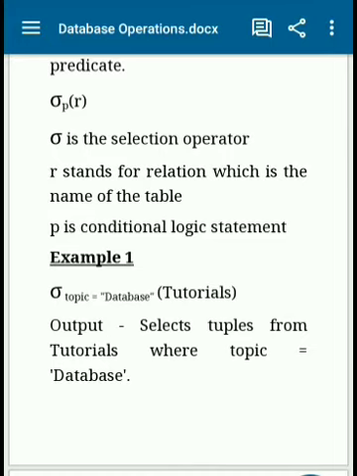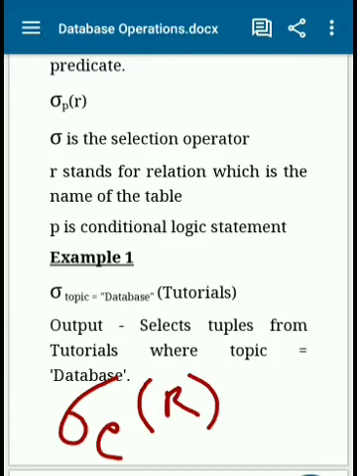This is the symbol of selection operation, and as a suffix to it we write the condition, and following the symbol we write the table name, the relation. This is the structure to write any selection command.